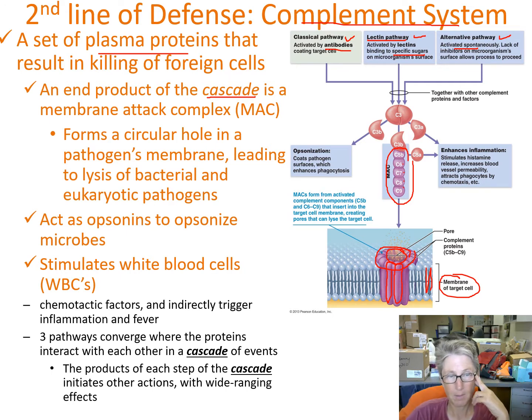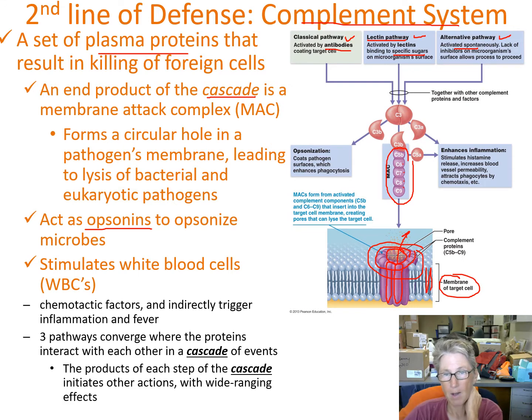The end product of the cascade is this membrane attack complex, this purple thing here, that forms a hole in the pathogen's plasma membrane, and then the contents will leak out and the bacteria will die.